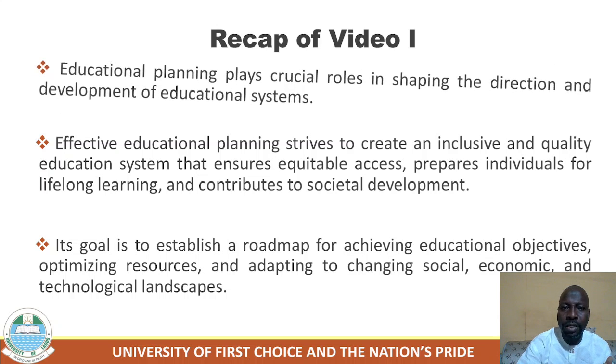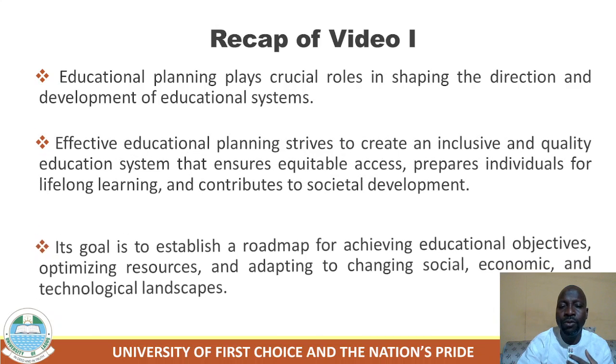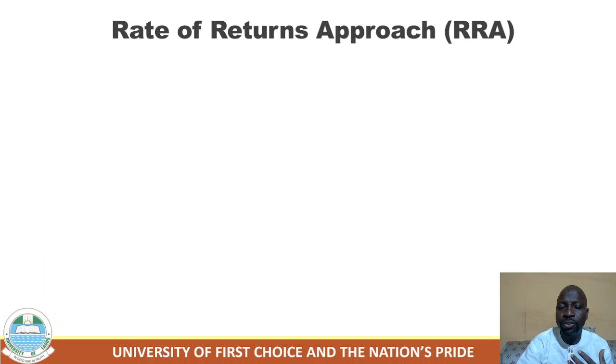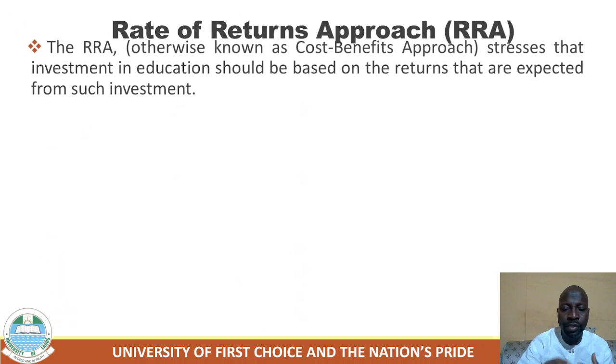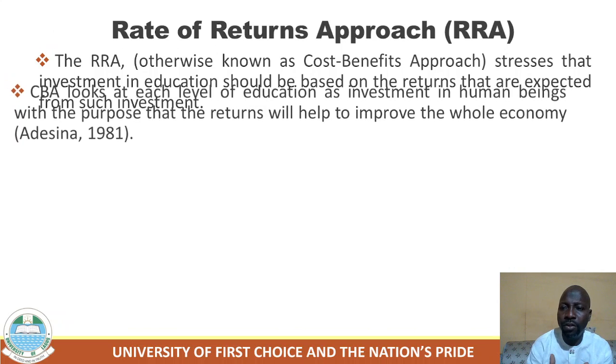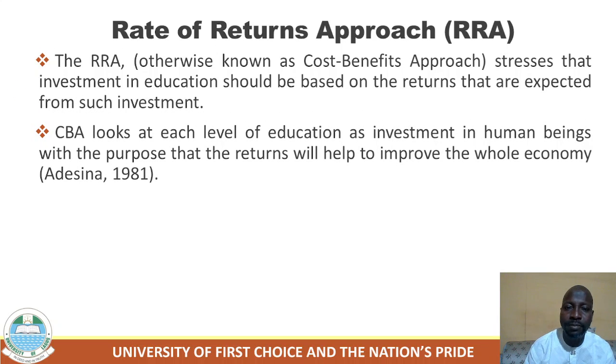Now, in this video, I will be talking on the rate of returns approach to educational planning, in line with the already stated learning objectives. So, rate of returns approach to educational planning, otherwise known as cost benefit approach, stresses that investment in education should be based on the returns that are expected from such investment.